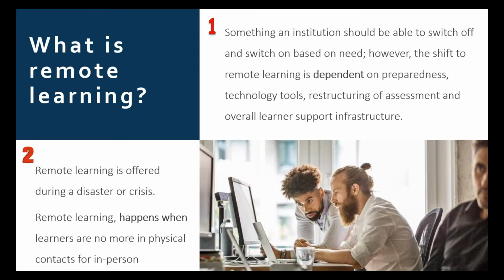Remote learning happens when learners are no more in a physical context for in-person education. In unprecedented cases, certain adaptation has to be made to ensure that the original teaching plan and learning outcomes are achieved by the learner. No learner is to be left behind.